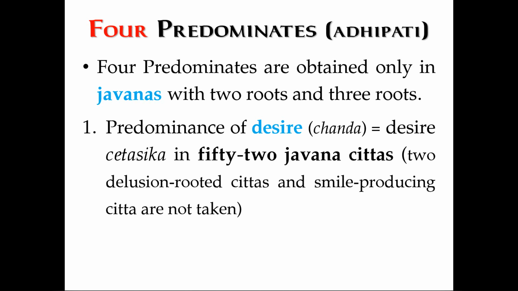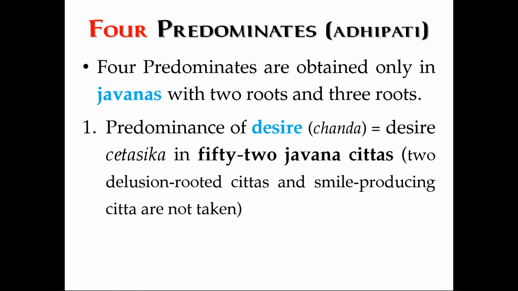Among the 55, we have to take javana chetas with 2 roots and 3 roots. We have to exclude one-root chetas and no-root chetas. The two delusion-rooted chetas are called one-root chetas, as they have only one root, delusion.